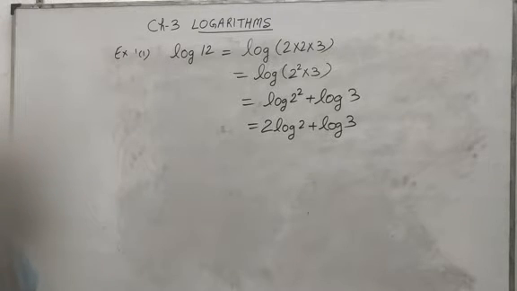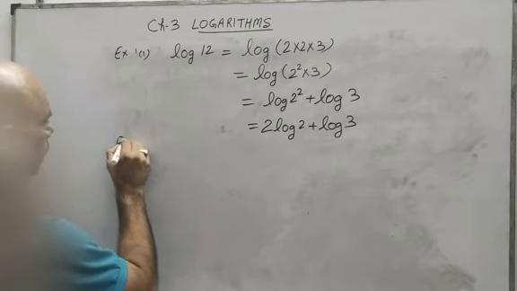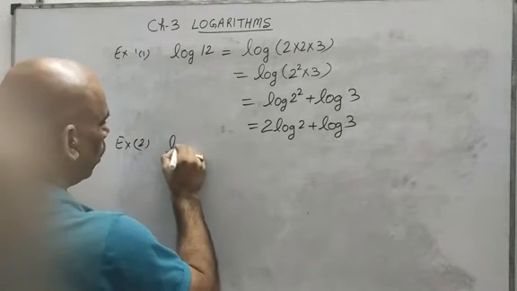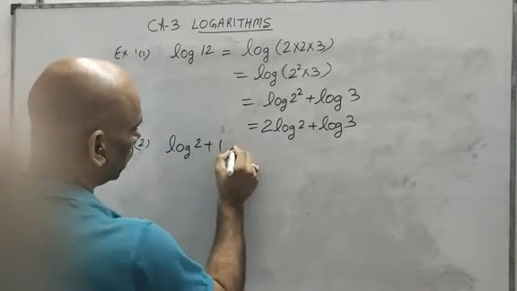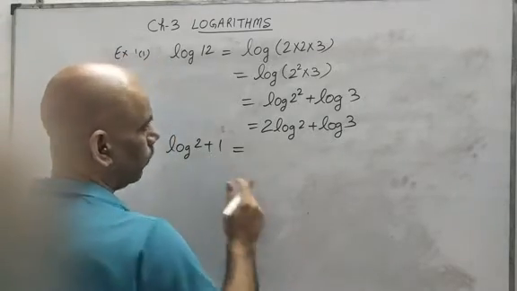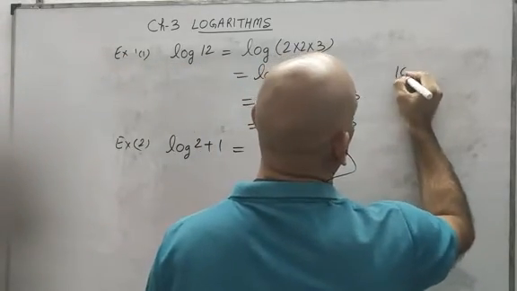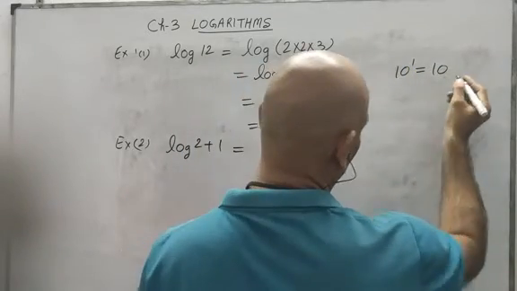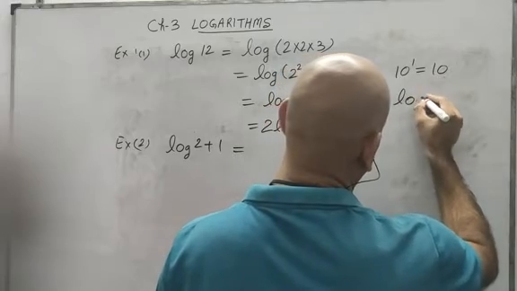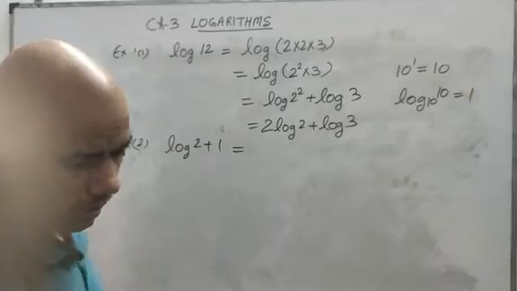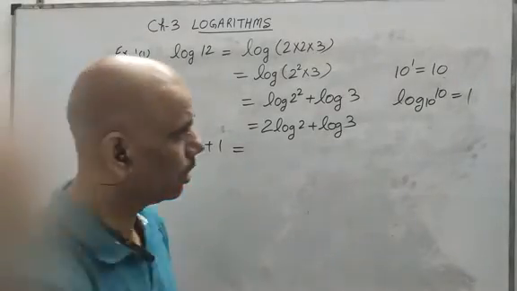The rest of the part you can solve like this only. Example number 2 is log 2 plus 1. How will we get 1? Look, 10 to the power 1 is equal to 10. So if I write it in log, log 10 base 10 is equal to 1, and base 10 we need not write.